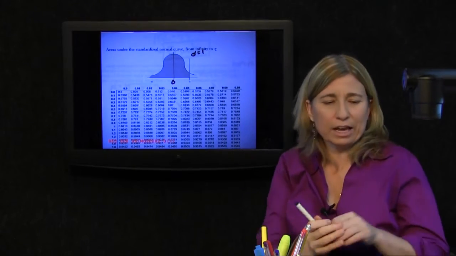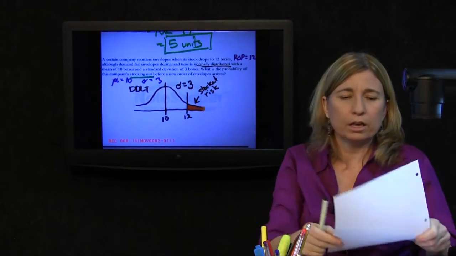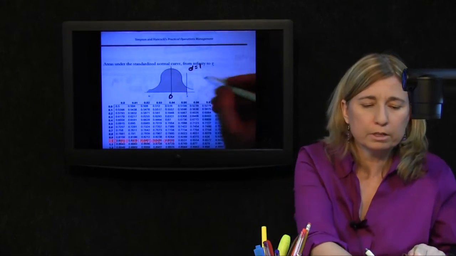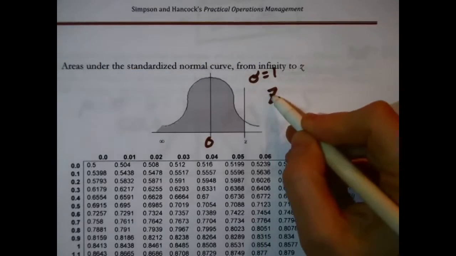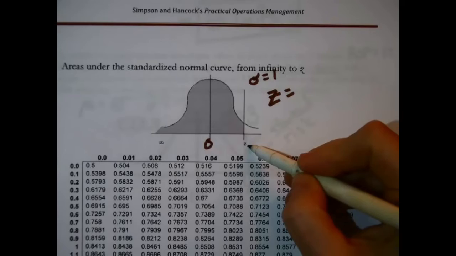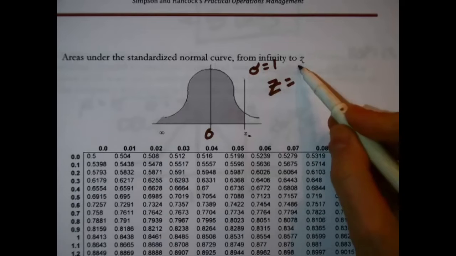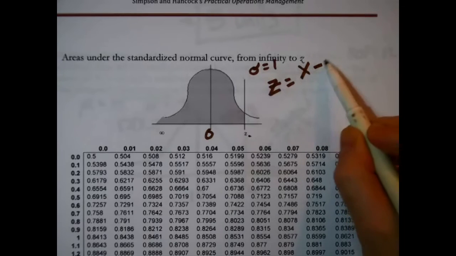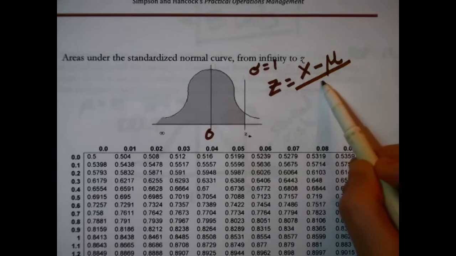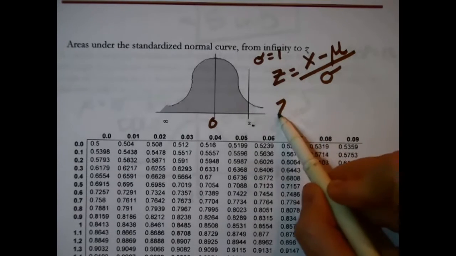We can translate any particular curve like this one into a standard normal curve quite easily by completing the following computation, the z-score. What number should I look up on this table that would correspond to my particular curve? I take the number that I'm interested in, minus the center of my curve, divided by its particular standard deviation.